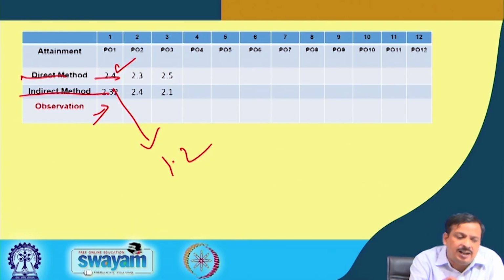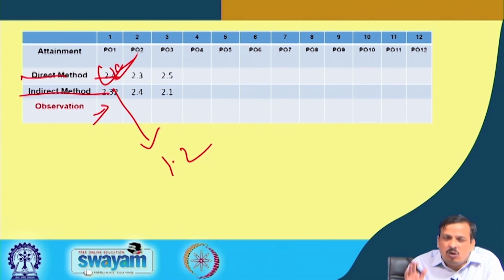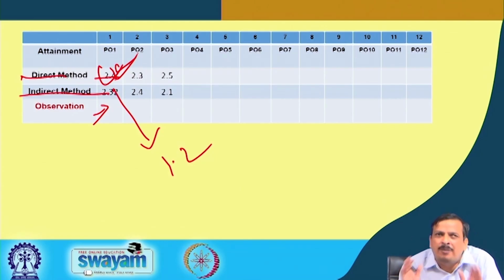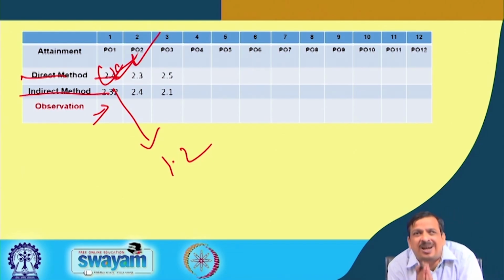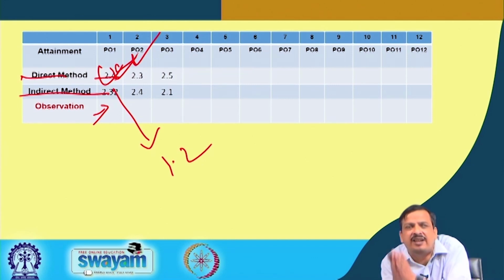If I say PO 1 is attained, that means the students know how to solve complex engineering problems. If PO 2 is attained, that means the student has the ability to analyze complex engineering problems.